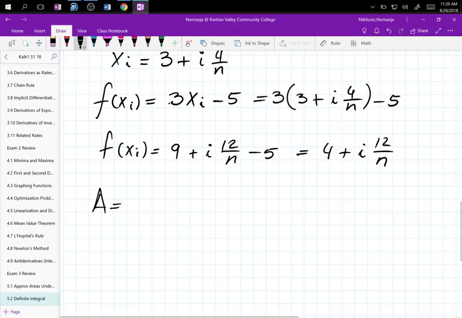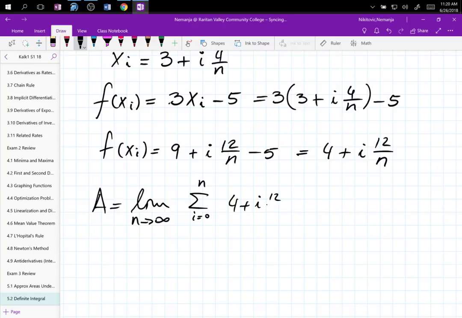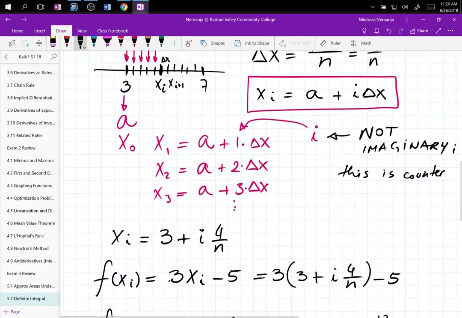Area is equal to the limit as n goes to infinity of the summation i goes from 0 to n, f of xi is given as 4 plus i times 12 over n, and then your delta x is given as 4 over n.